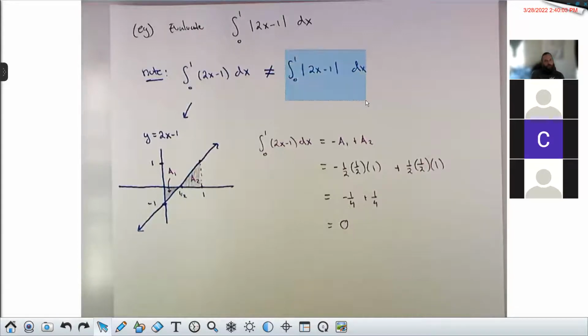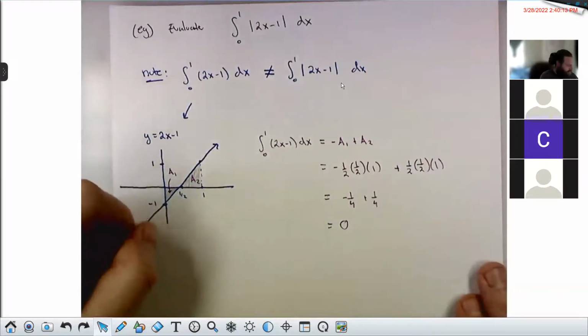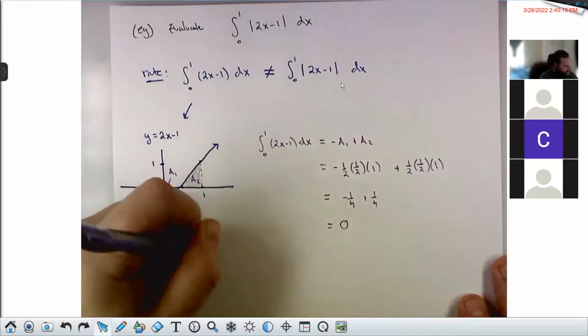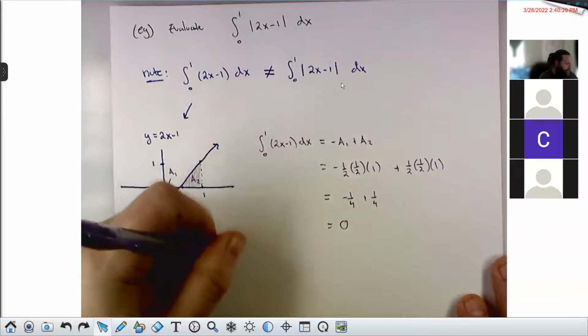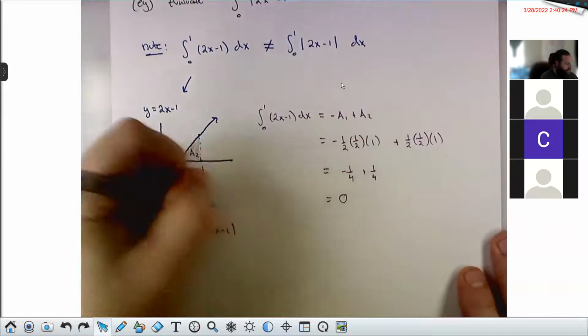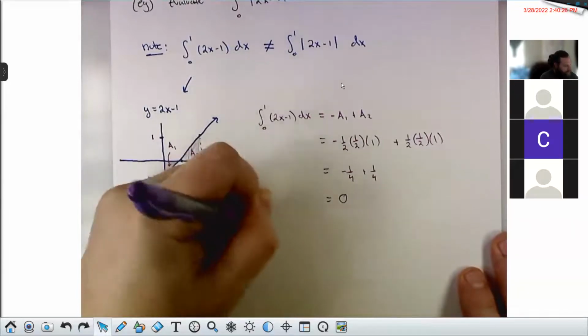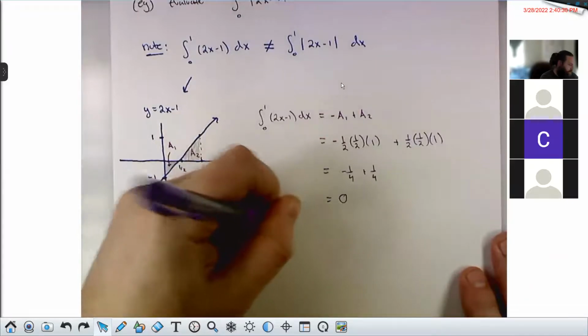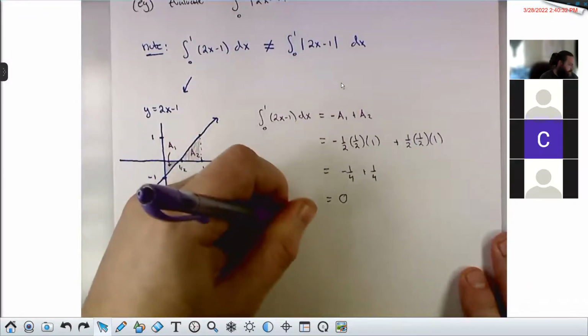If you look at this one, which is the one we want, the graph of the absolute value of 2x minus 1 is different. There's a few ways to do this. If you remember your transformations from pre-calculus, you can factor a 2 inside, and you get 2 times parentheses x minus 1/2.